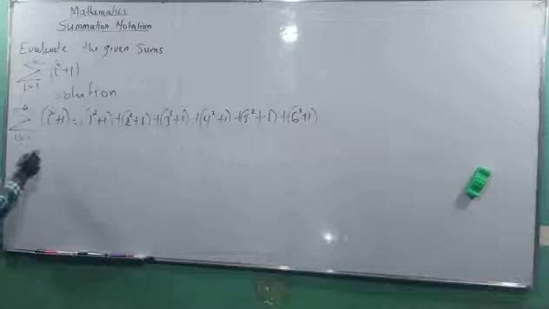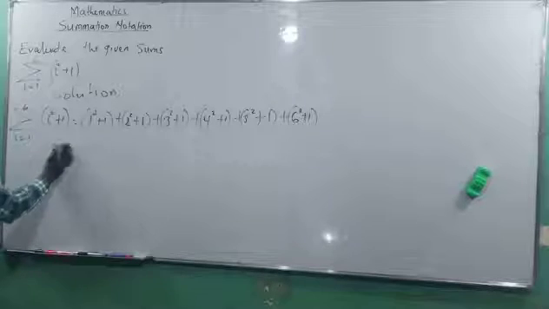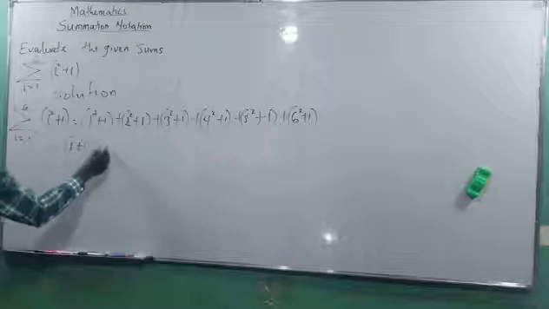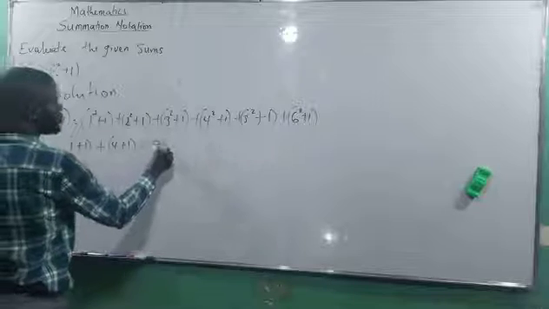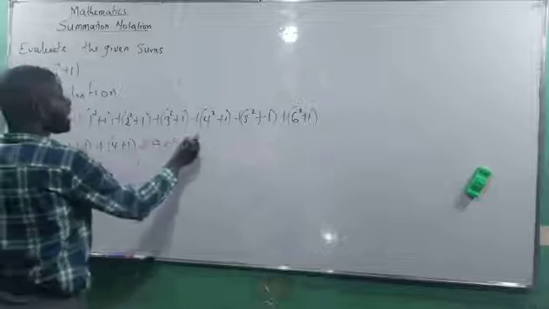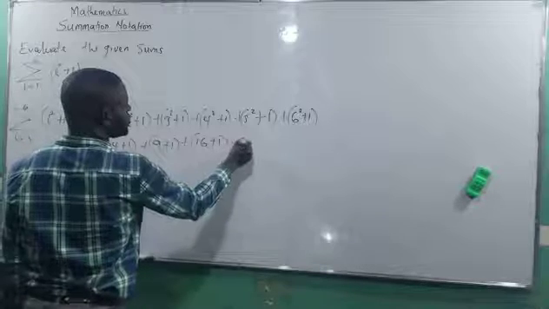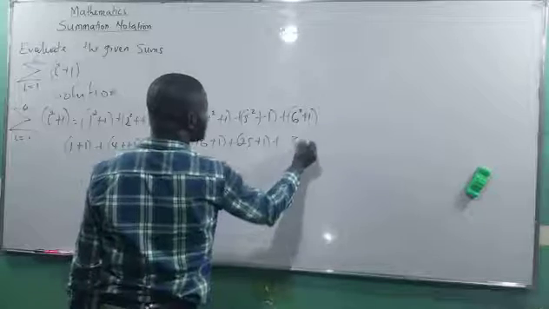At this junction we will have 1 plus 1, plus 4 plus 1, plus 9 plus 1, plus 16 plus 1, plus 25 plus 1, plus 36 plus 1.